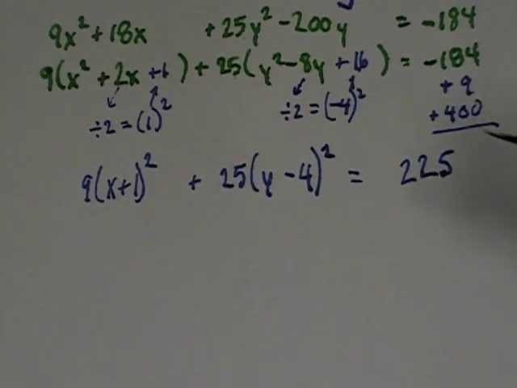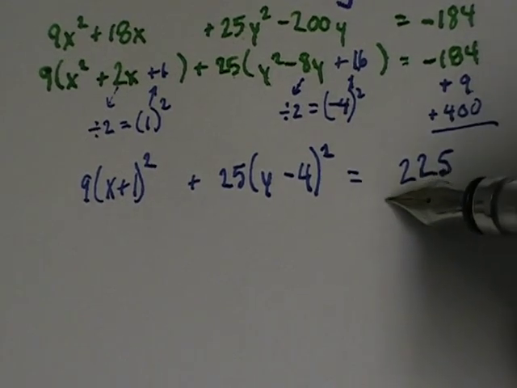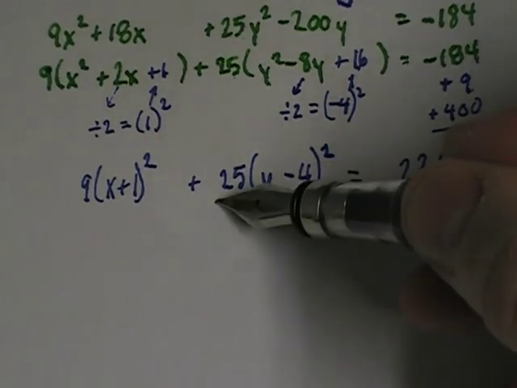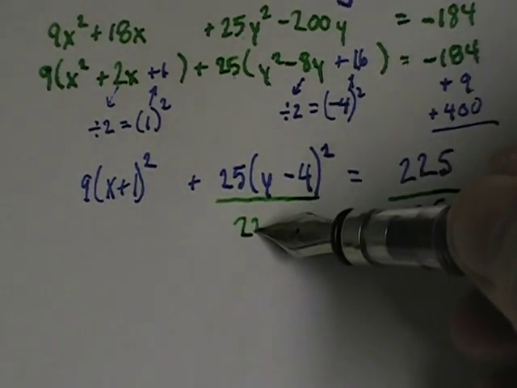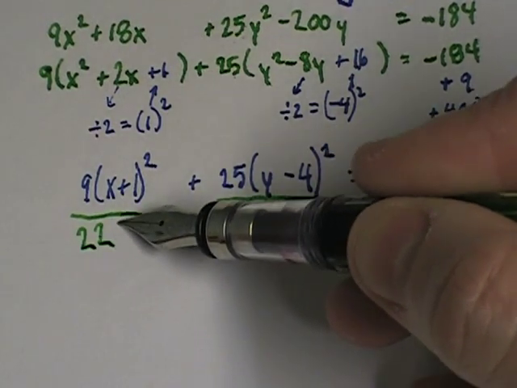Okay? Now your last step, this has to be 1. So we come back in, we'll use a different color so we can see what we did here. We're going to divide that by 225, and if I do that there, I've got to do it here, and I've got to do it here. Okay?